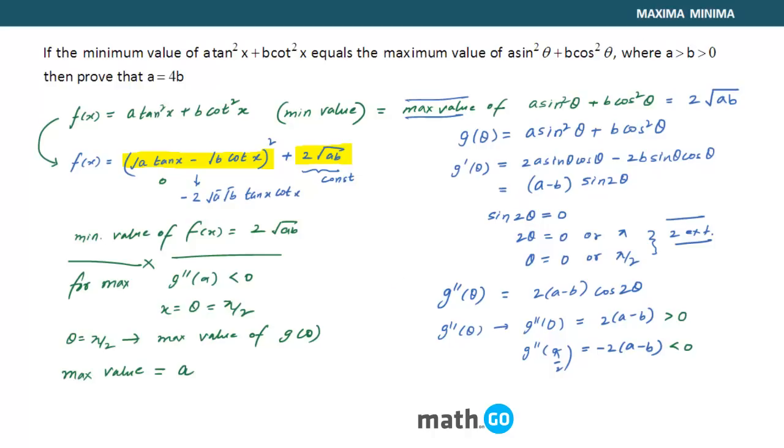It is given that the maximum value is equal to the minimum value of this, and we have found the minimum value is nothing but this particular answer. Just simply square and we will find our answer, right? So this is nothing but a is equal to 4b, hence proved. This is the answer we were looking for, and this is how you will solve questions similar to this pattern.